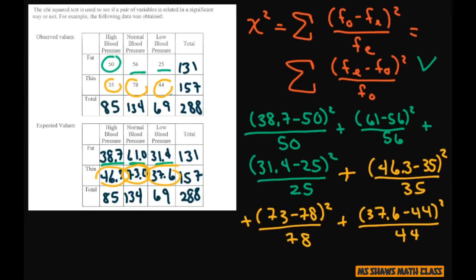And once you finish all that, you get approximately 8.53. So that's going to be your calculated value.